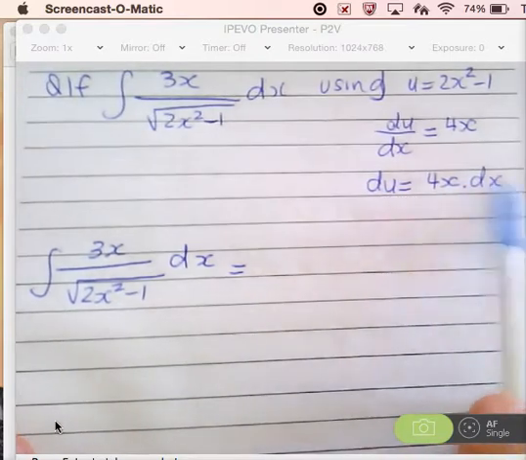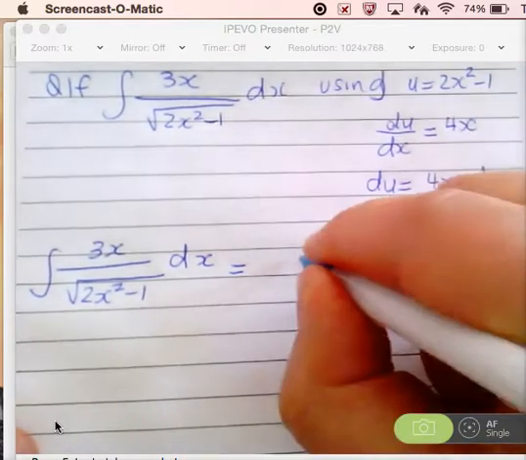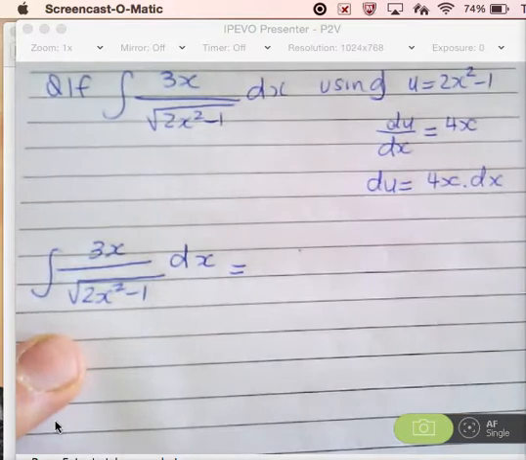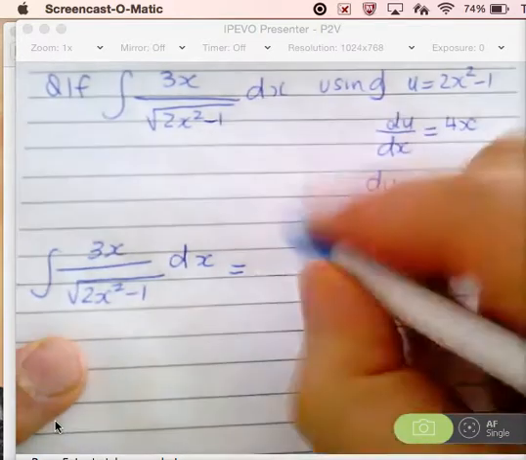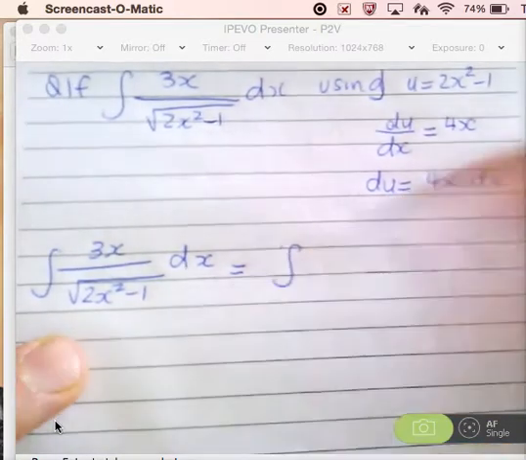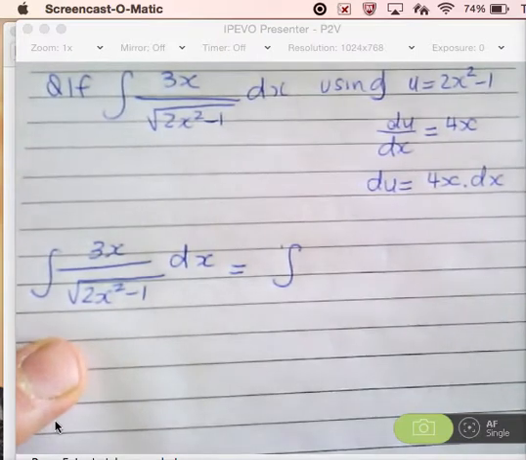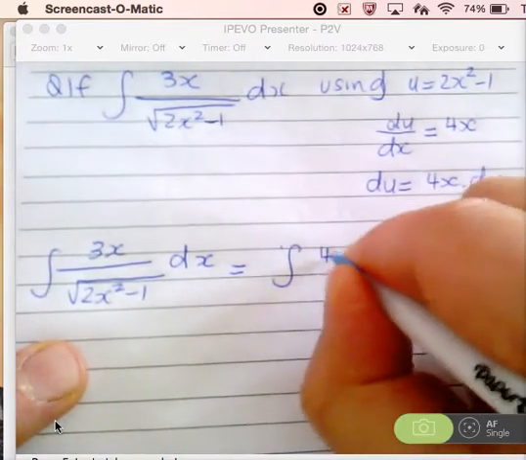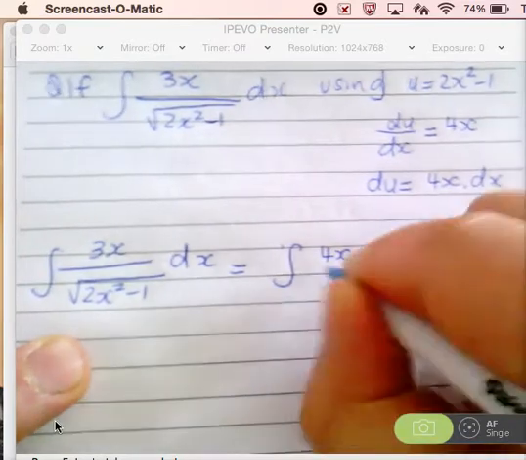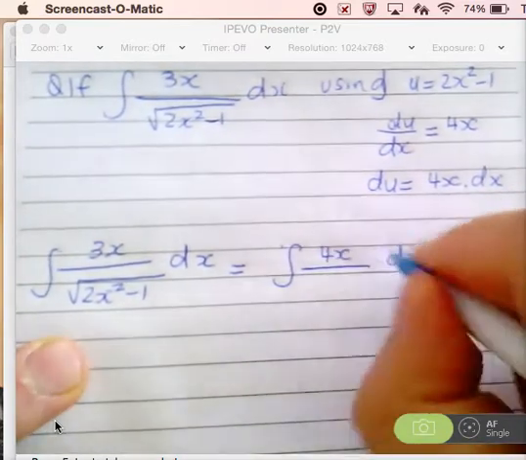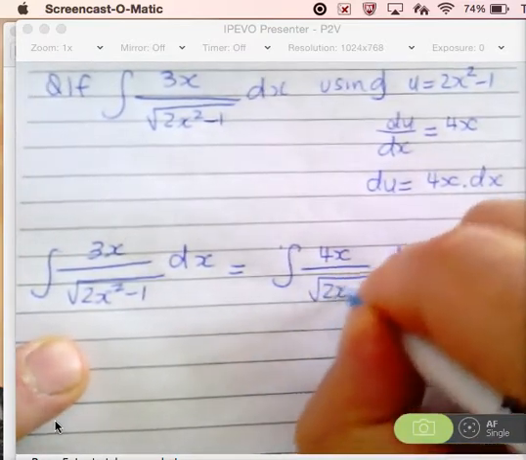du happens to be 4x dx. So I'm going to change it. I'm not going to put the u's in because I don't want it to be 3x, I want it to be 4x. So I'm going to put the 4x in, dx. Do you know why I'm doing this? Because that's what I want over this.